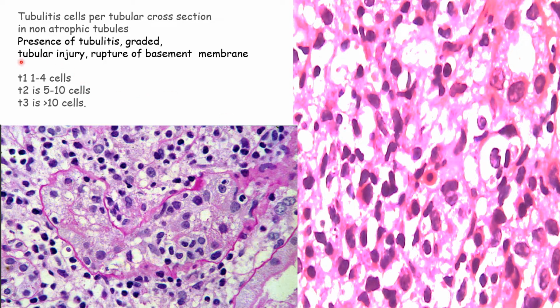Depending upon how many cells you have in the tubular lumen, they are graded from less than 4 as 1 to greater than 10 as 3, as you can see in this slide. And here you can see that the lymphocytes are admixed with eosinophils.